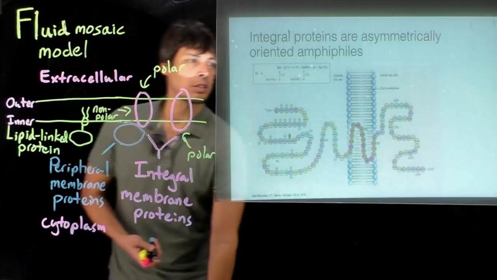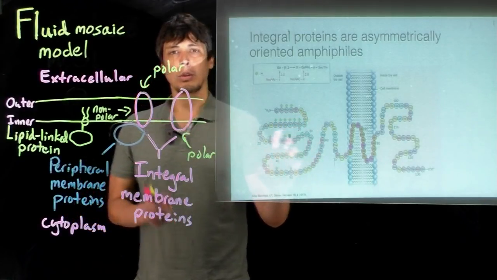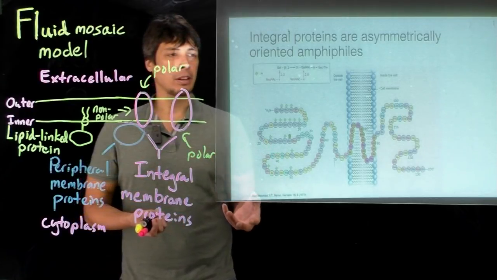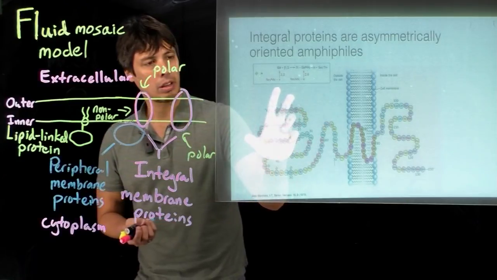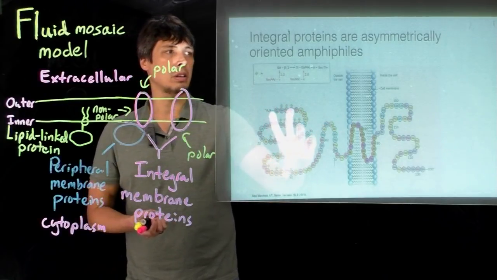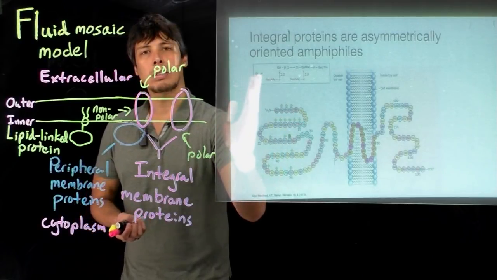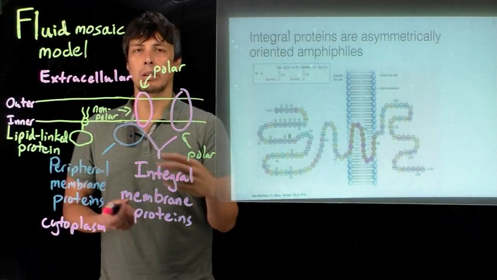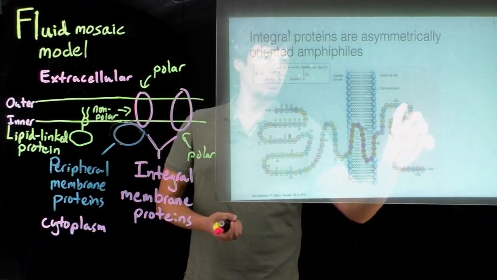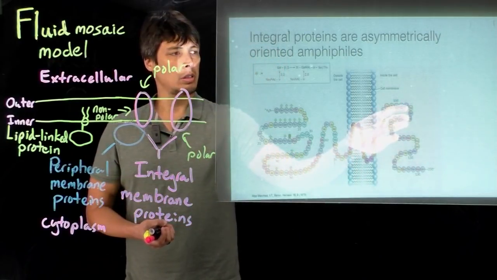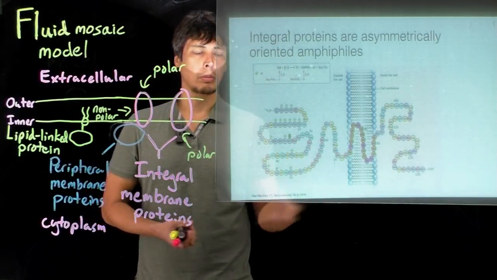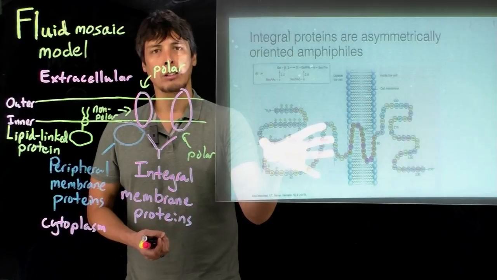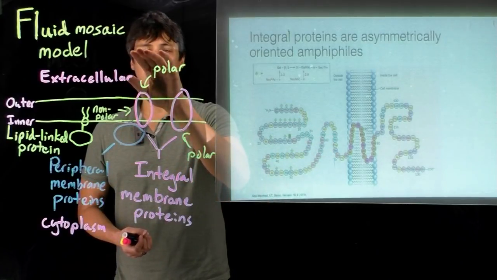Consistent with that, this is another way of looking at it. If you're looking at the polarity of an integral membrane protein, again, it is going to be amphiphilic. In this diagram, the left-hand side is outside the cell, so that's extracellular, versus the right-hand side, which is the cytoplasmic side. You see more aspartates, glutamates, histidines, arginines, and lysines in the chains that stick out into these soluble parts.